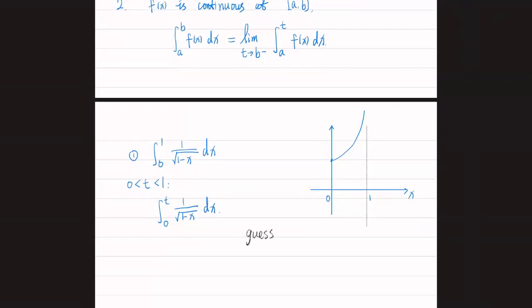Let's guess one antiderivative. Negative arc sine? Okay, that will be my next exercise. If I have a square, that's arc sine. So this time, if it's just a square root, what do you have?